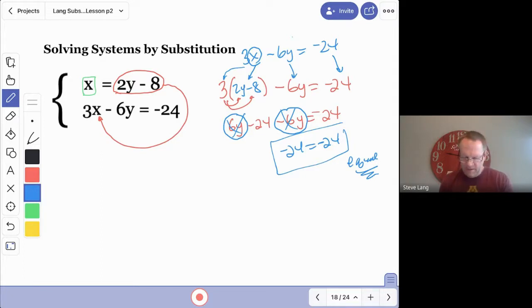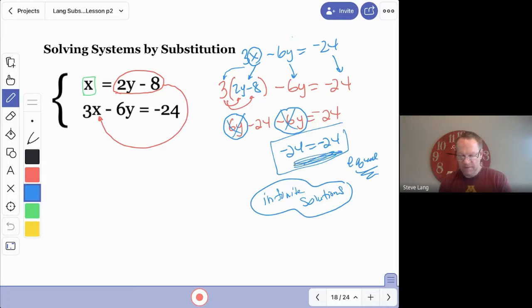It means infinite solutions. Means these two equations are the same. If you graphed them on a graph, they'd be the same picture. Okay. Remember, if they're equal, that means infinite. If we solve this and we got like negative 24 equals 7, that's not true. That's when we would say no solution. Okay. So you have to know that.